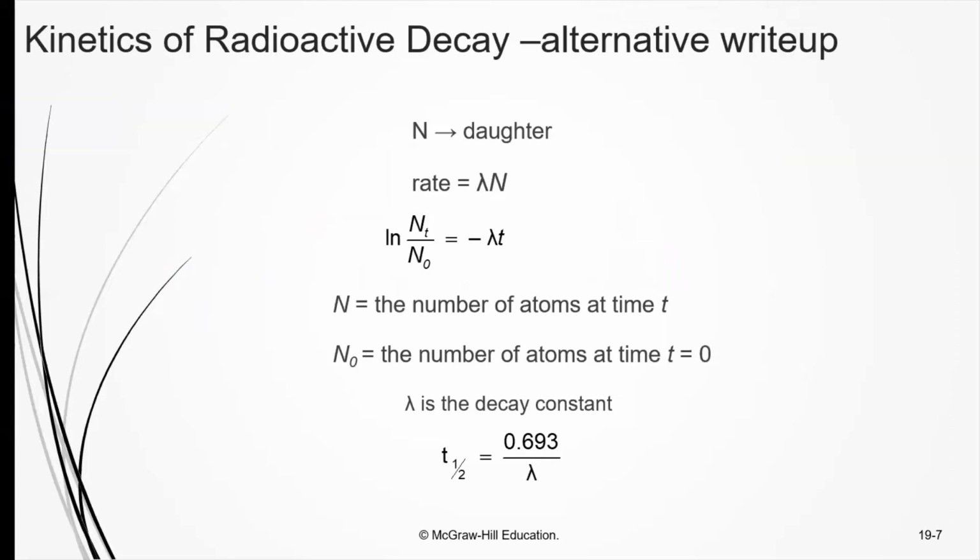Instead of using K, you use this lambda. Both of them mean the same thing. Your lambda just stands for that decay constant. And it's just one way for them to distinguish whether it's a chemical reaction going through this process or whether it's the radioactive decay going through that process.